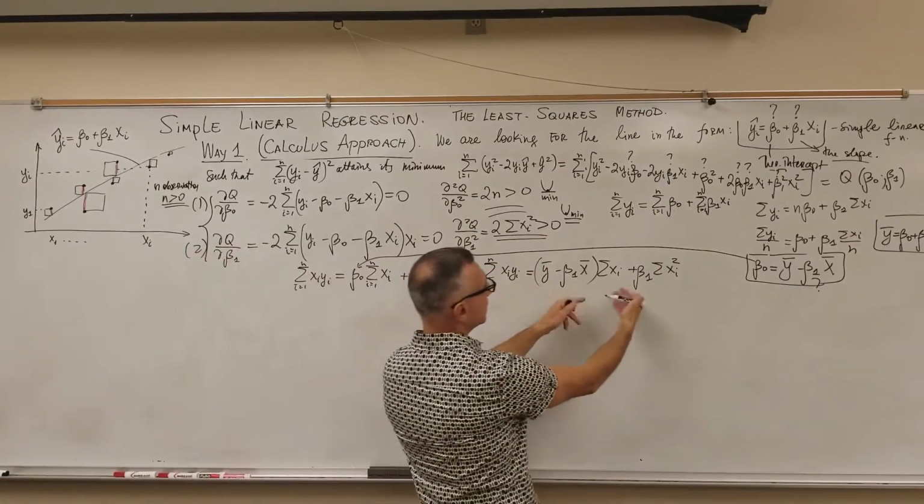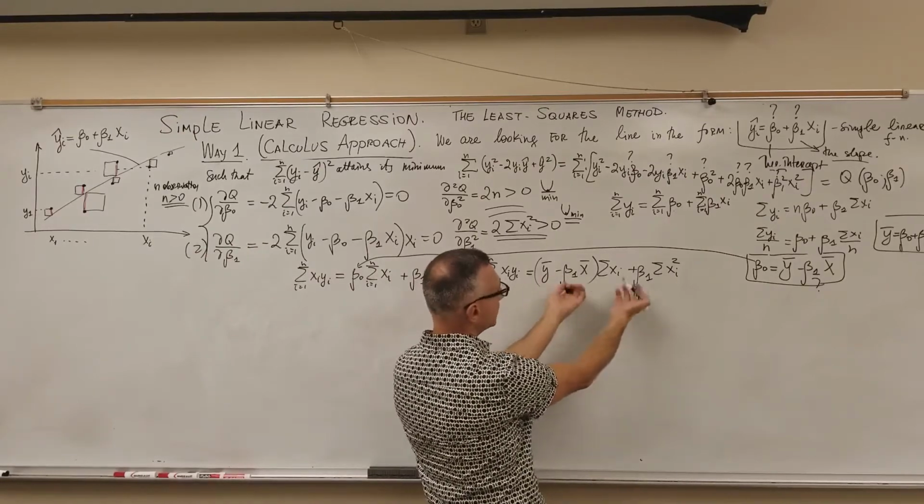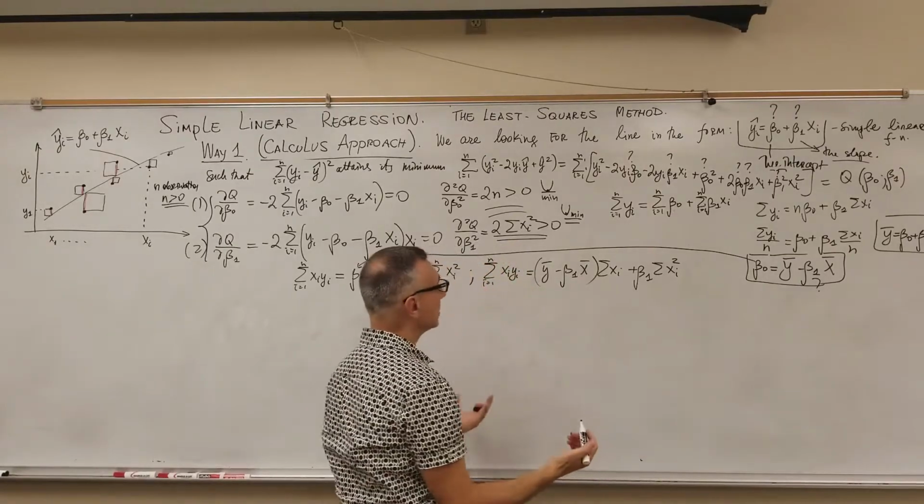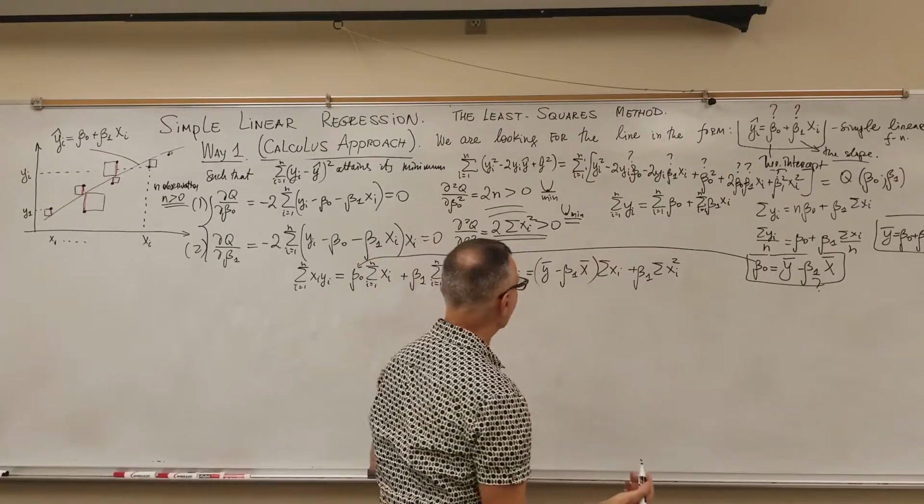Now let me collect those terms with beta 1. This is what I need. I need to filter it out to separate my beta 1. And hopefully this will be the formula.